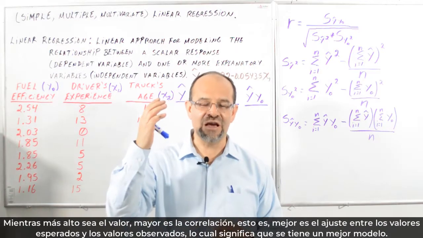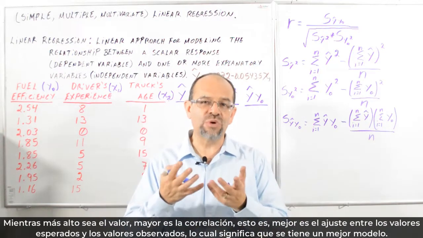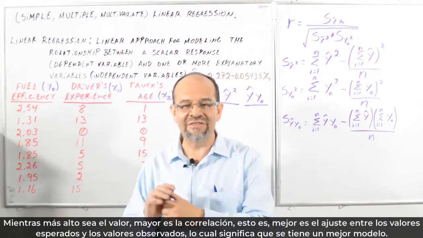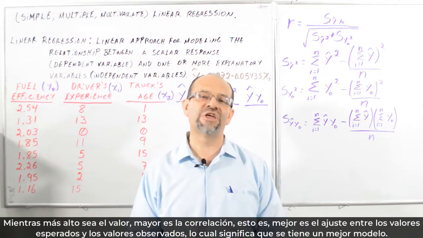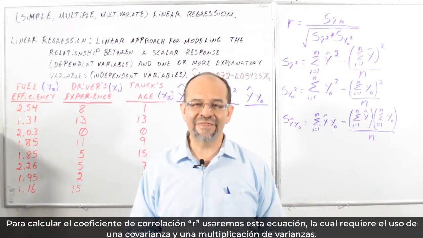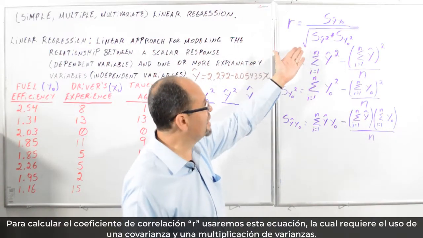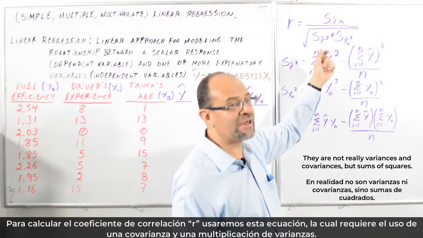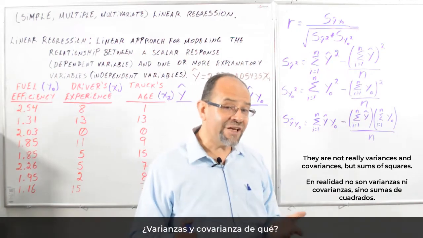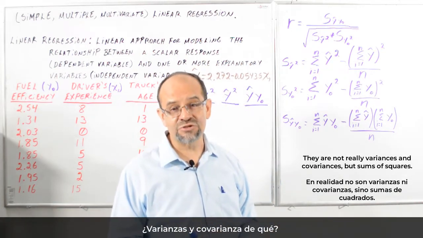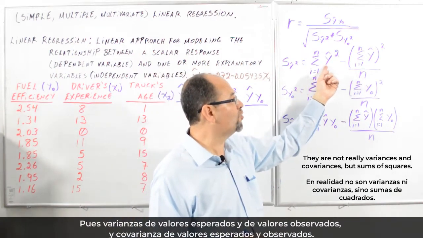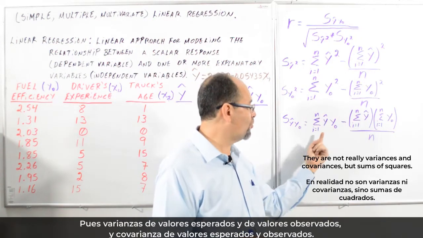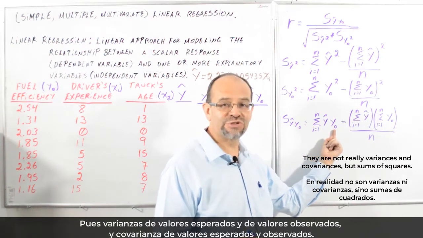The higher the value, the better the fitting or the correlation between the expected values and the observed values, the better the model is. To determine that, we use this equation, which uses a covariance and a multiplication of variances. Variances of what and covariances of what? Variances and covariance of expected values and observed values.